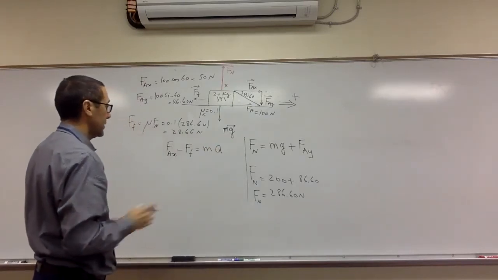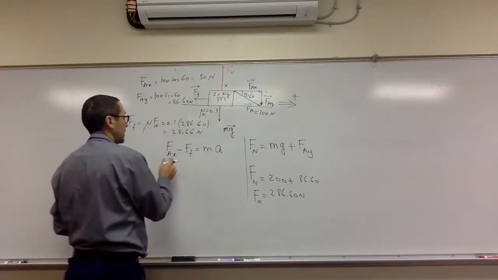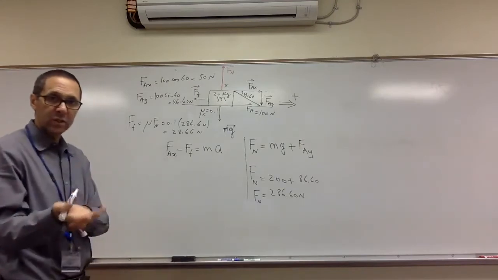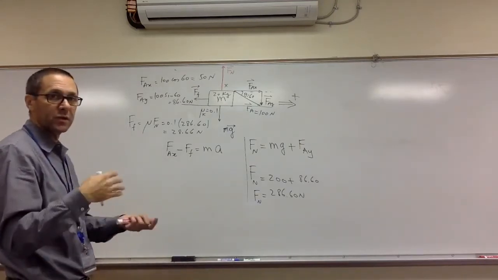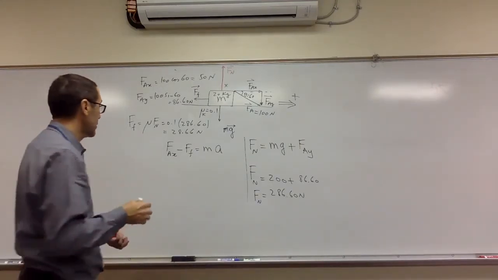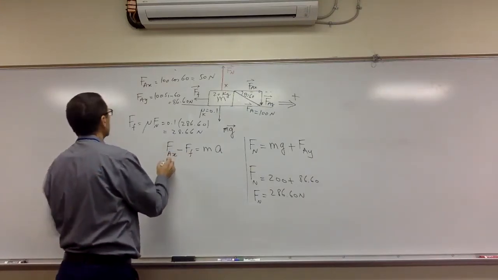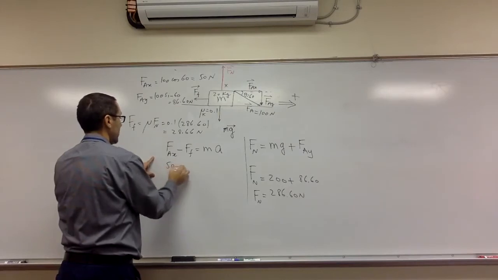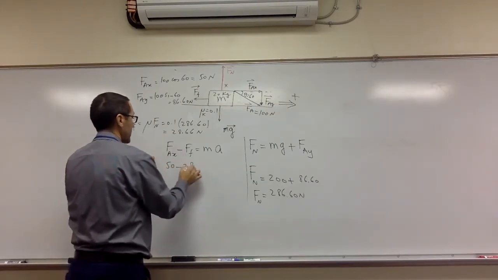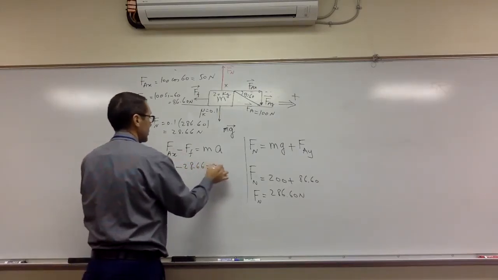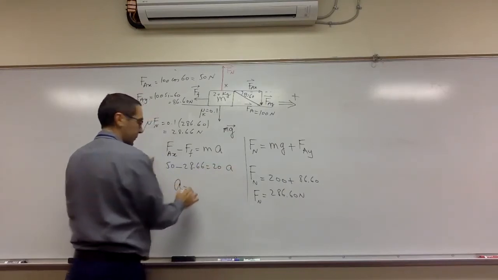And I'm going to try to find the acceleration here. Sometimes you might be given the acceleration, and you have to find the force of friction or the coefficient of friction. You can pretty much manipulate these equations any way you want, so you can find what's missing. So Fax is 50 newtons minus a friction of 28.66, equals a mass of 20 times acceleration.